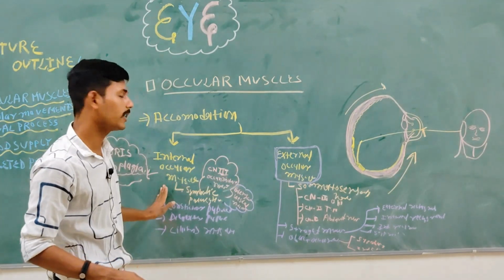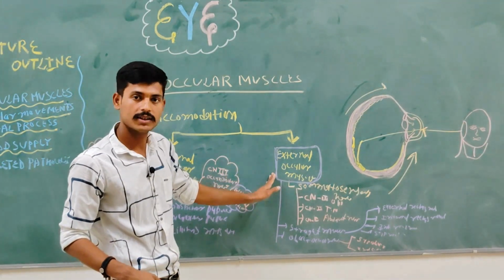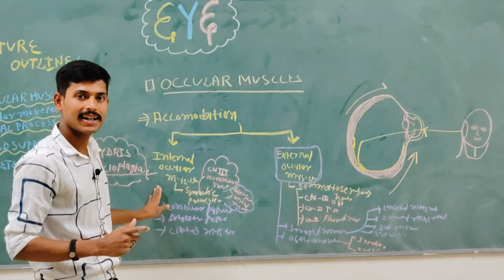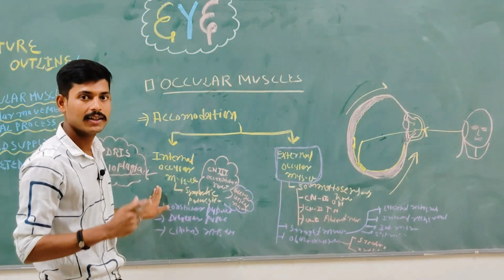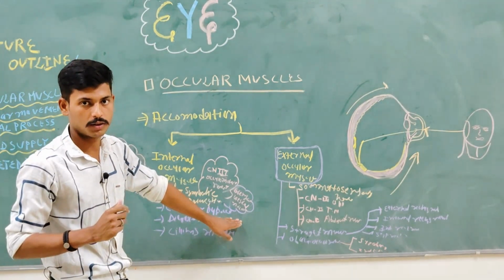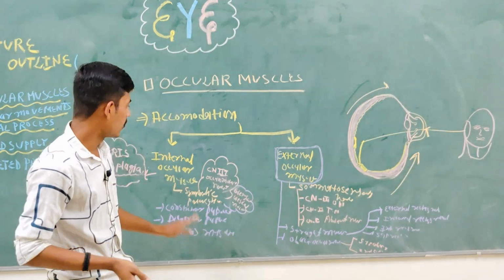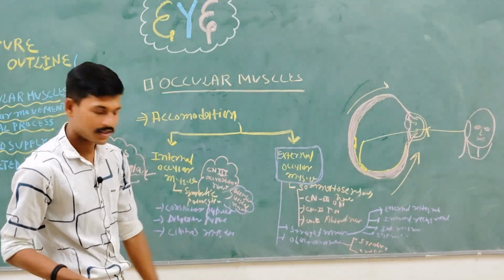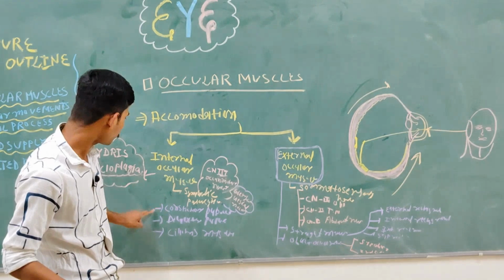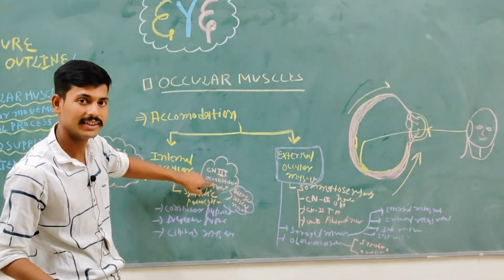The first is the internal ocular muscle, the second is the external ocular muscle. The internal ocular muscles are supplied by the vasomotor nerves, or autonomic nerve supply, both sympathetic and parasympathetic, generally by cranial nerve 3.